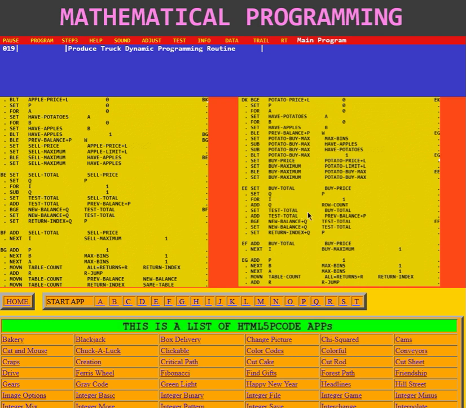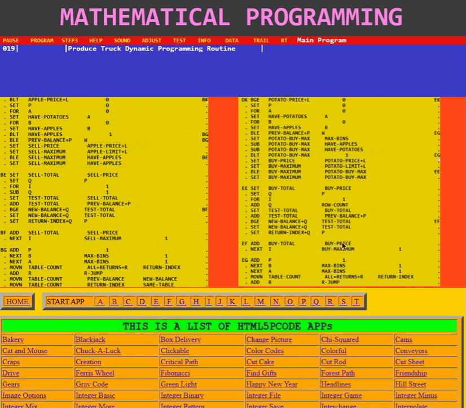Right, we're checking it for every previous. If the new balance of Q that we're figuring out here is greater than or equal to the test total, we ain't going to do it. Otherwise, we are, and we're going to set the new balance Q to this test total. We're going to set the return index of Q to P. So it'll always know how to get back to the previous one.